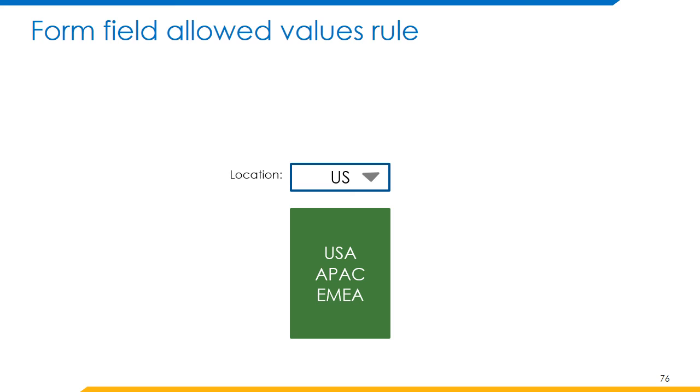Form field allowed values rule lets us define the validation using the first approach. The inputs to this rule are similar: form, field, identity, and some others. The output usually expected is a list of allowed values to be validated against.